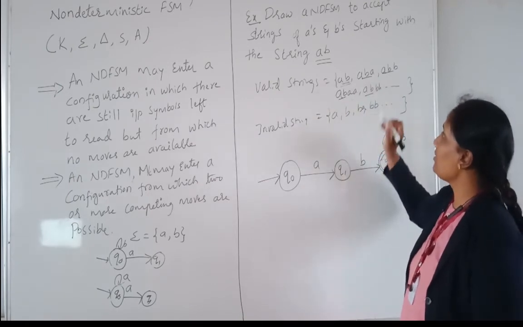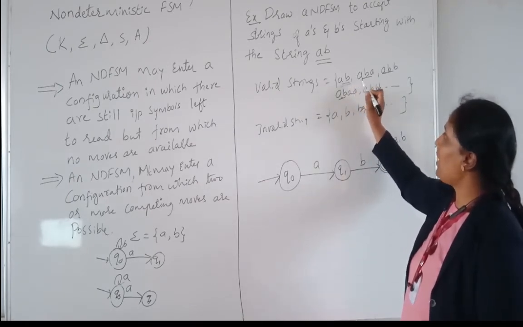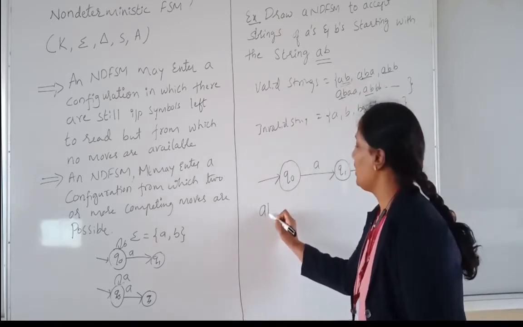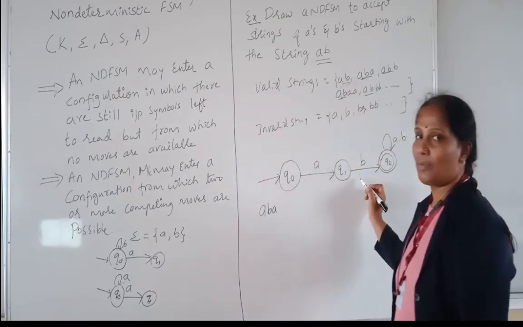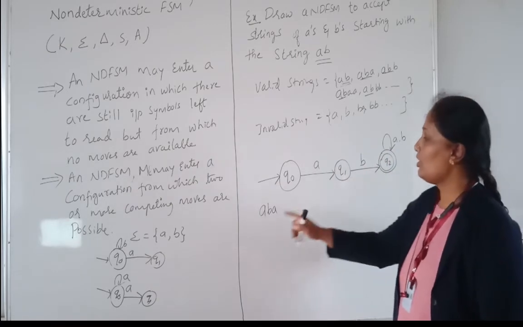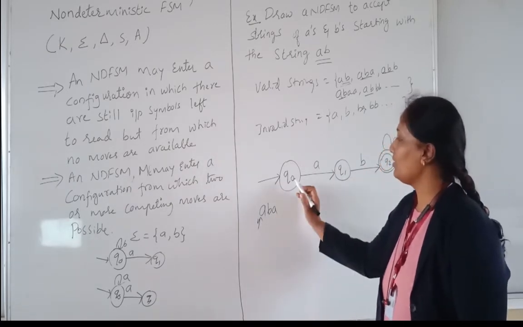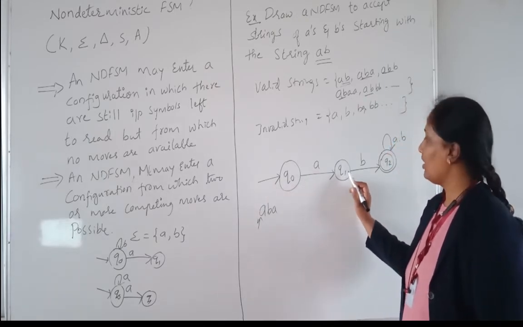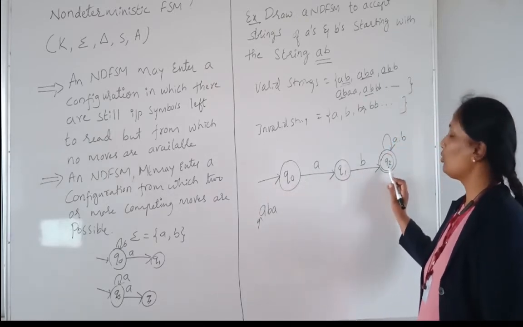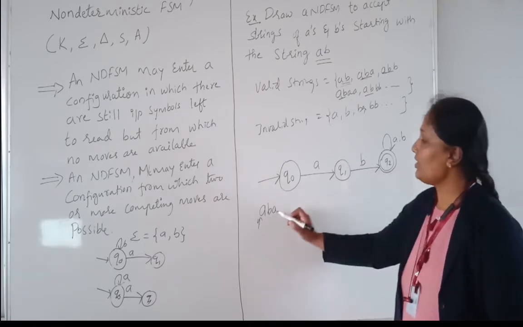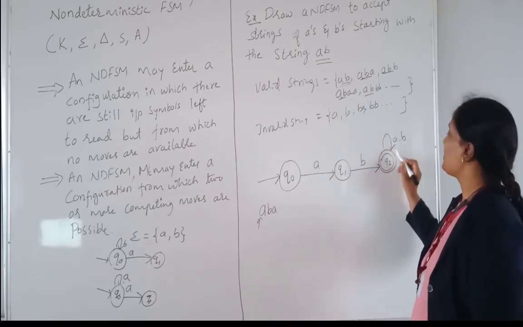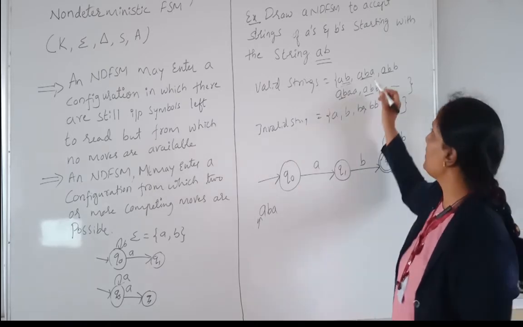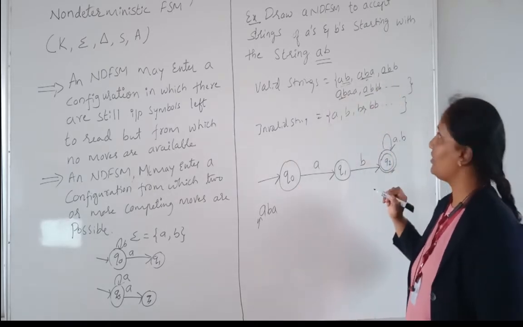Let us check this by taking a valid string from the valid string list. I'll take ABA and check whether this is accepted by this NDFSM. When it reads A from the start state Q0, it changes the state to Q1. Next, when it reads B, it moves to the Q2 state. Next, when A comes, it is accepted and it remains in the same state, which is a final state. So this string is accepted by your NDFSM.